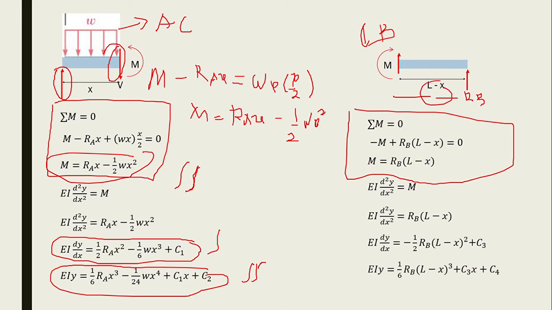So M equal to R_B times L minus x. We do similarly again. We integrate twice to determine the deflection. This is what we got.